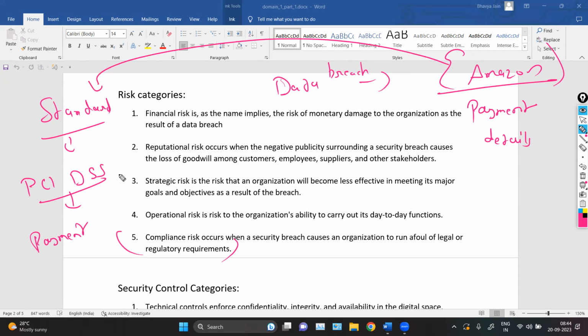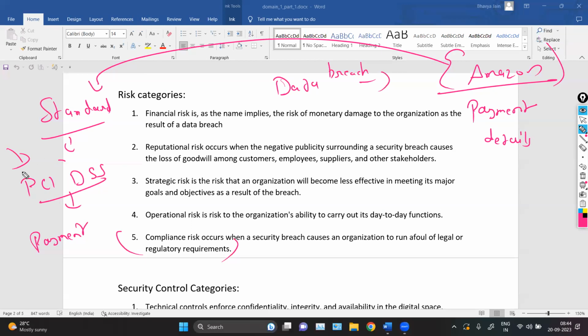It is compulsory for Amazon to ensure the PCI DSS standard, which means whatever payment data we are storing should be secure at every state: at rest, in motion, and in transmission. So even Amazon itself is ensuring this PCI DSS standard, for payment card information.